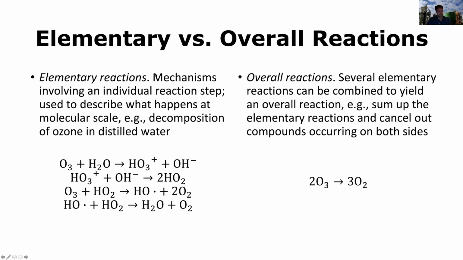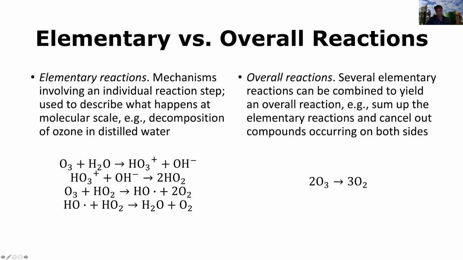Elementary reactions refer to individual reaction steps. This is describing what happens at a molecular scale. For example, the decomposition of ozone in distilled water happens through a variety of steps, as you can see here in the 4 elementary reactions shown on the bottom left.